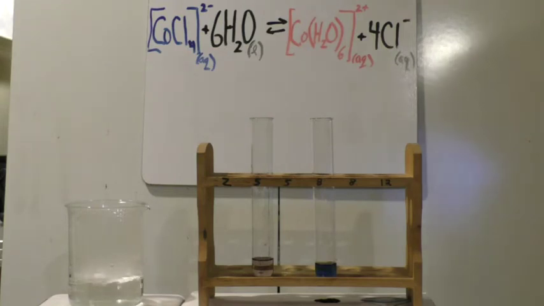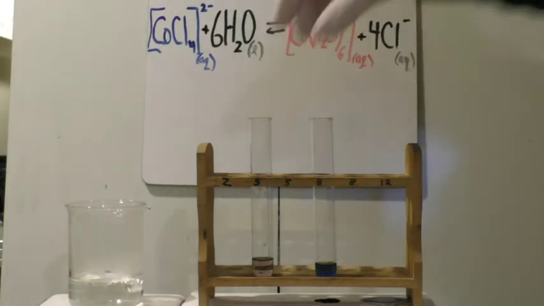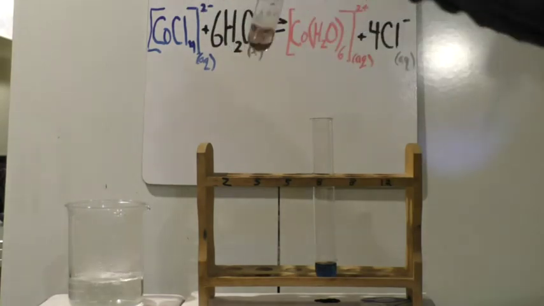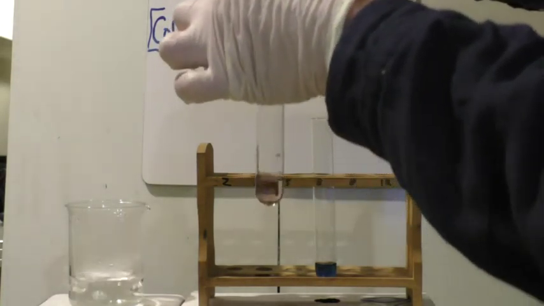And so before I do that, you can think about it. Which direction is this reaction going to shift if I add some silver nitrate with silver ions? One hopes. All right, here comes the silver.